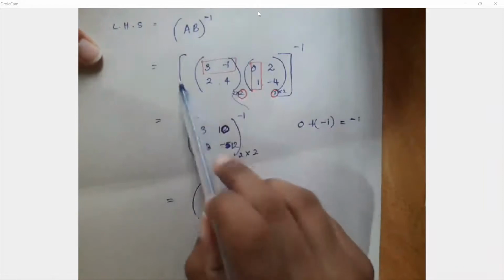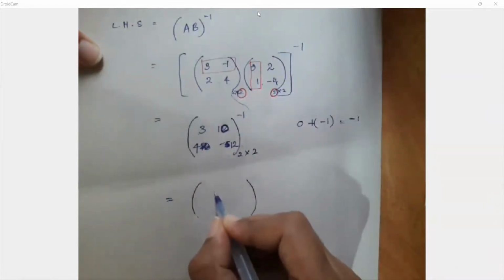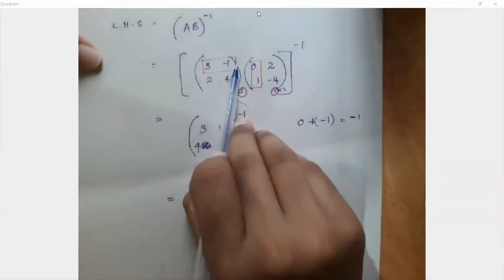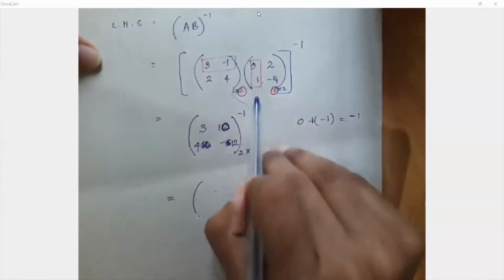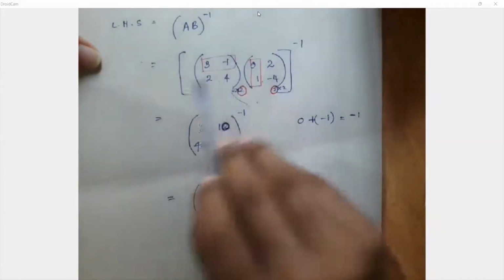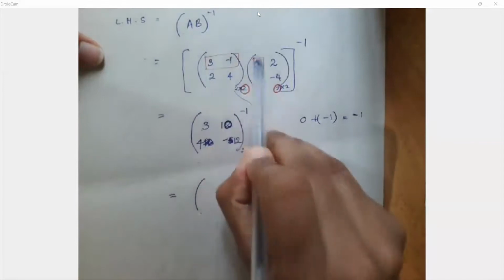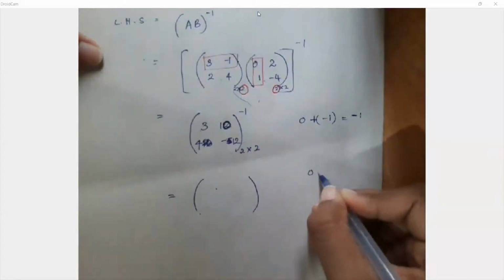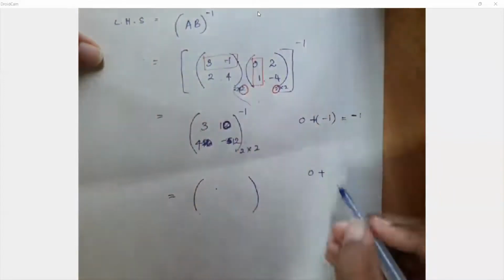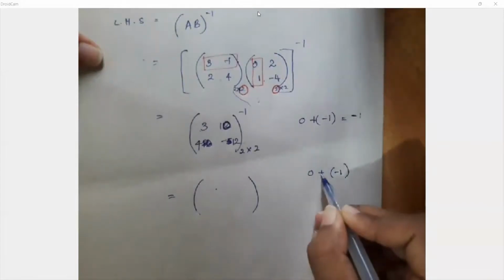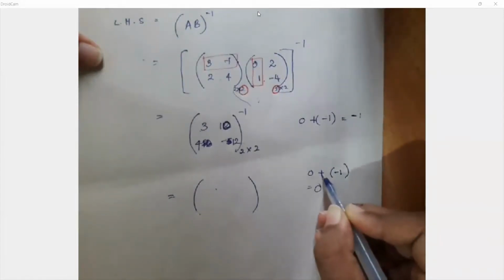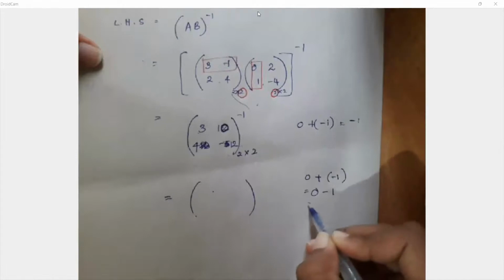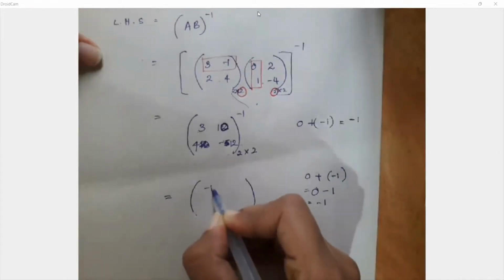I want the 1, 1 element. That means first row of the first matrix, first column of the second matrix. So 3 into 0, 0 plus minus 1 into 1, minus 1. That is minus 1. Here minus 1.